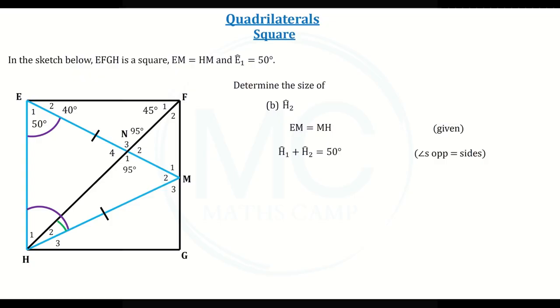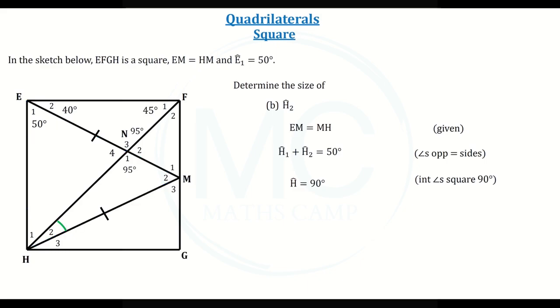We know that the whole of angle H over here is an interior angle of a square, and we know that the whole of angle H is equal to 90 degrees because the interior angles of a square are always 90 degrees.